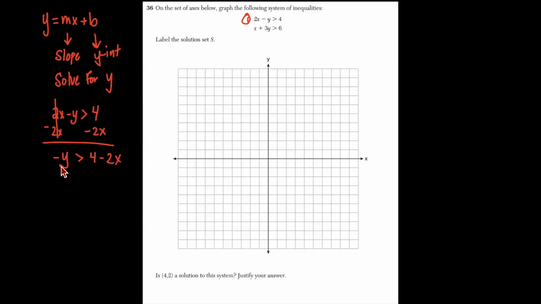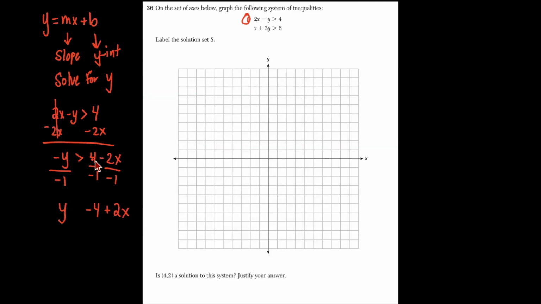Now, how do I get the y by itself? I've got to get rid of this negative. There's two ways to think about it: either I can divide by negative 1 or multiply both sides by negative 1, which is essentially the same thing. So I end up with y is -4 plus 2x.